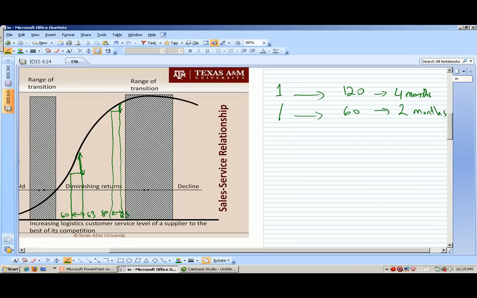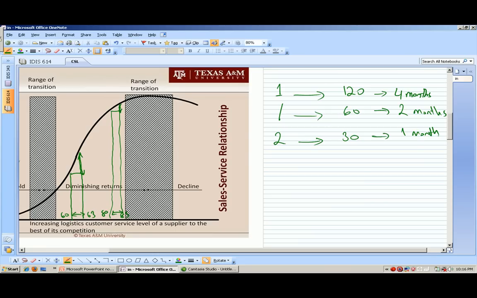Okay, so you saw an improvement in your customer service level, and you saw an increase in the revenue. So you decided to, let's say, add 2 more. Okay, now you can visit every 30 days, and your customer service is going very good and your revenue is improving.